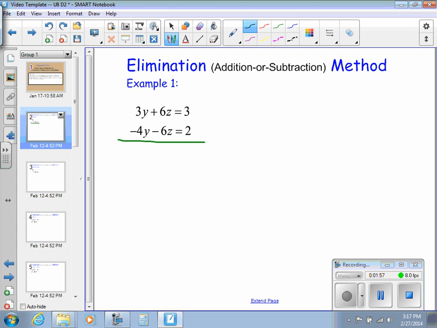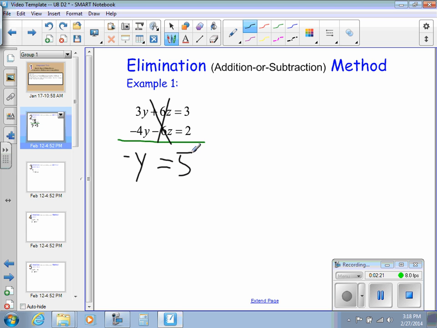So 3y plus negative 4y, or 3y minus 4y, is going to give me negative y. Positive 6z minus 6z, those are going to cancel. And then 3 plus 2 is 5.